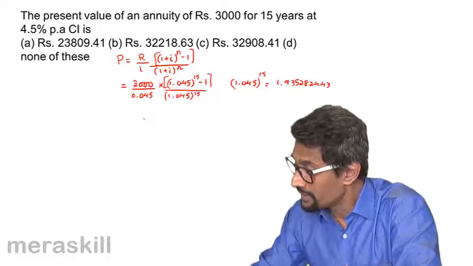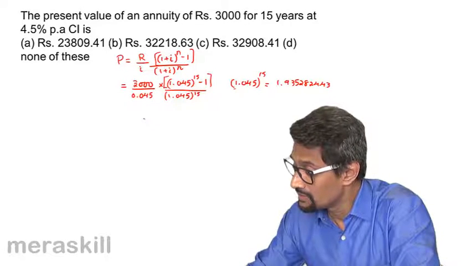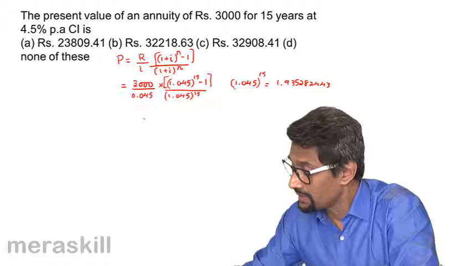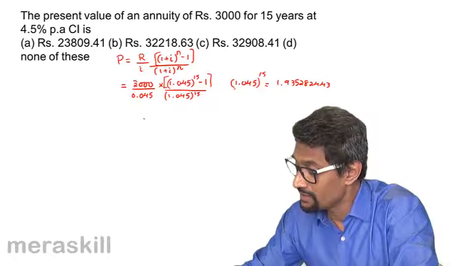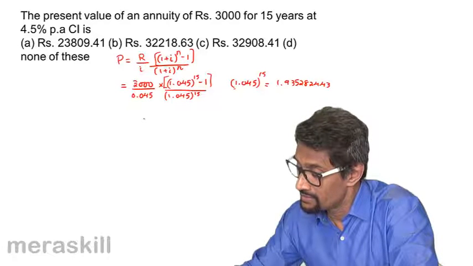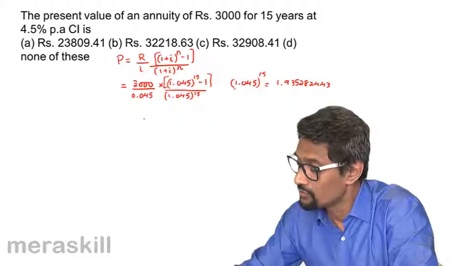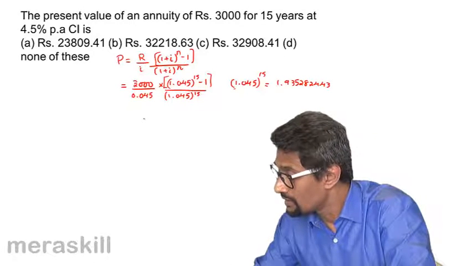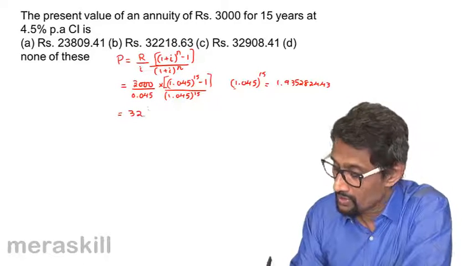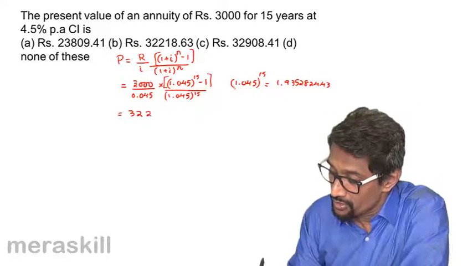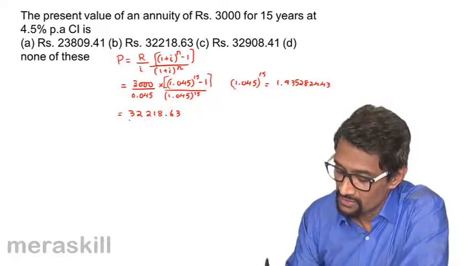So minus 1, into 3000 divided by 0.045, divided by 1.935282443, and you get roughly 32,218 rupees 63 paise.